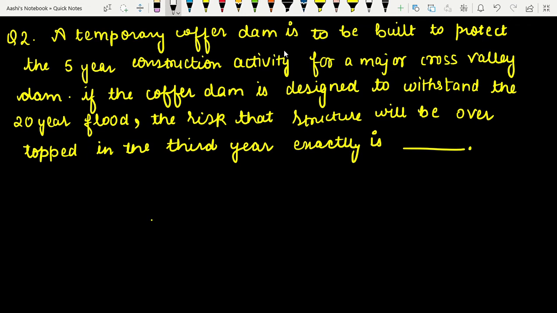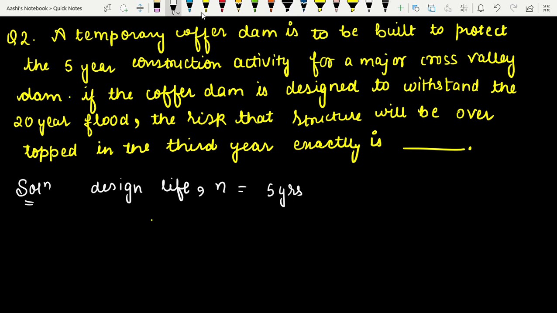So the design life of a coffer dam is less, which is why it is given in the question. The design life is given as 5 years. Now what is given? This coffer dam is designed for a flood of 20 years. Here 20 years means once in 20 years this flood has the probability to occur.